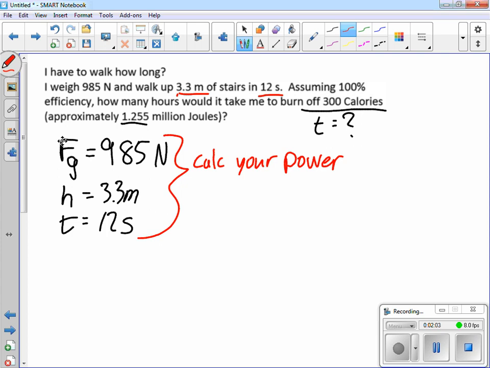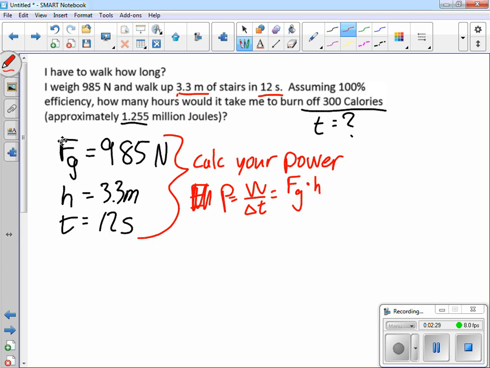Oh yeah. Okay, so let's see. Calculate the power. Oh, sorry. Power, not energy. Power is equal to work divided by the time. So I have the work. Well, work is equal to force times distance. So in this case, it's the gravitational force times the height.